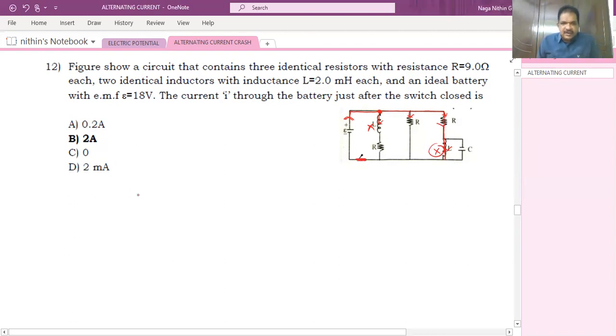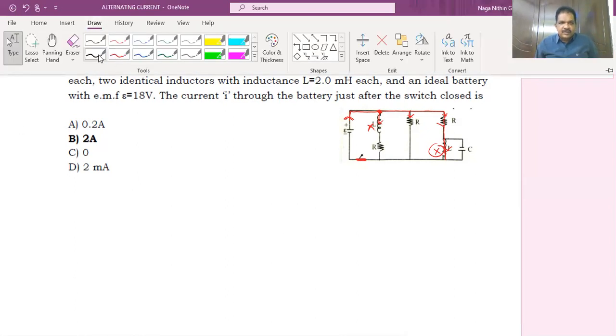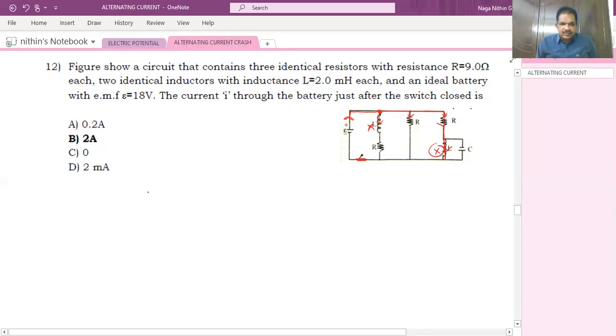May I draw the circuit once again? What is the circuit given here? Like this. Here the battery is there. Straight lines are a little bit difficult to draw on this pad, less friction is there.